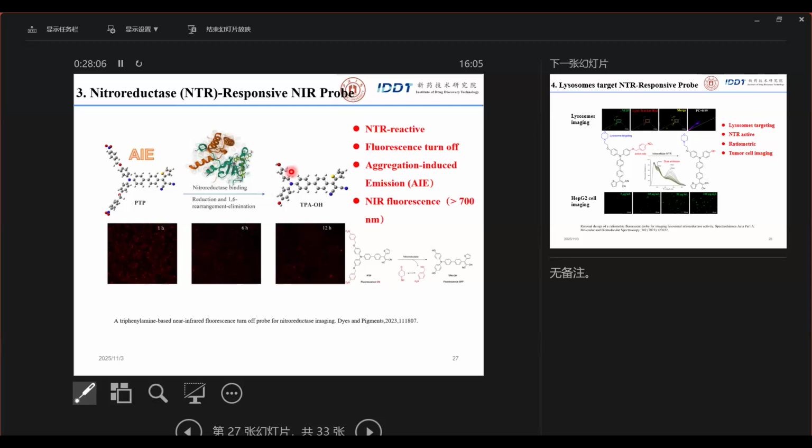NO2 is a very strong electron-accepting group, but it goes to NH2, which changes to a donating group. So the electron distribution changes, the fluorophore also changes, and it shows near-infrared fluorescence. From non-fluorescence to fluorescence, it gives us an option for imaging NTR in tumor hypoxic cells.